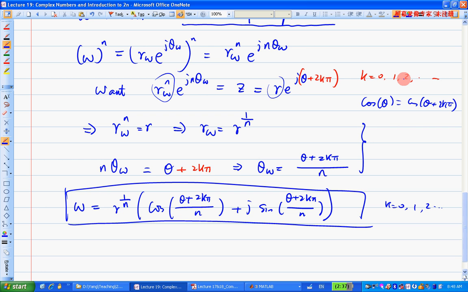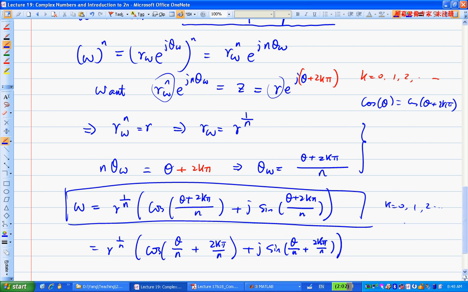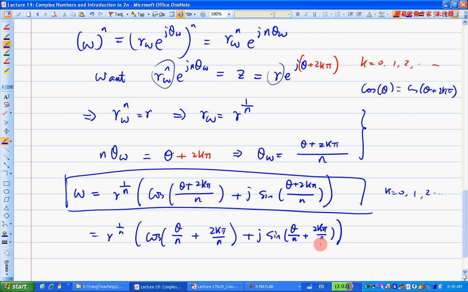Let me write down one more step here: inside this bracket it is cosine of (θ over n plus 2kπ over n) plus j sine of (θ over n plus 2kπ over n).